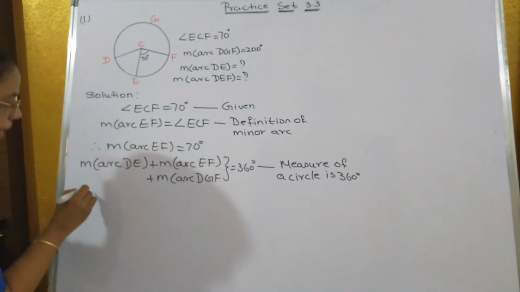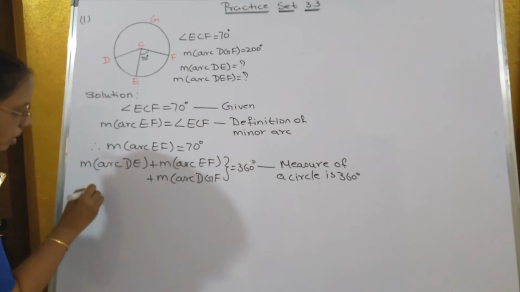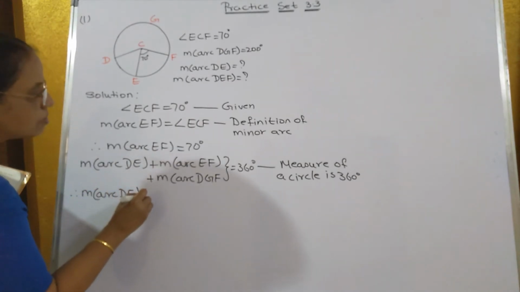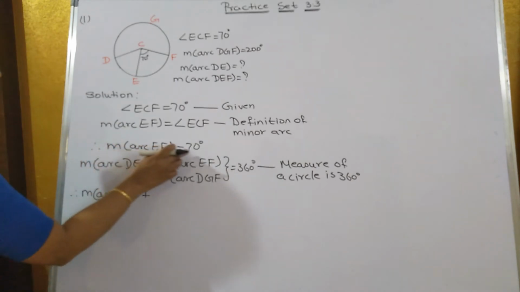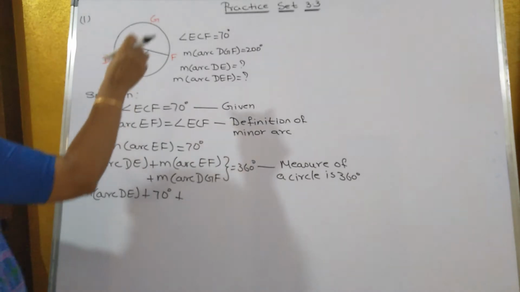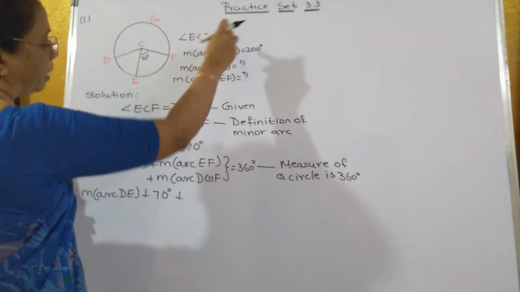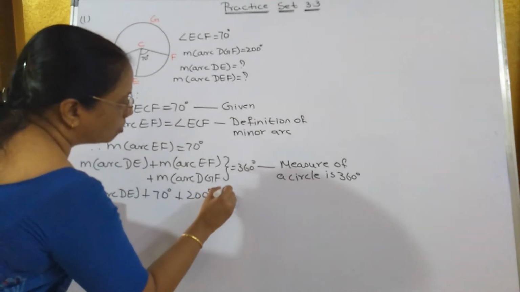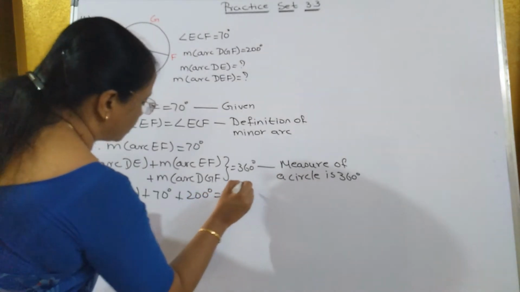Now how much is DE? That we have to find out. Therefore measure arc DE plus measure arc EF, we have got 70 degrees, so plus 70 degrees, and measure arc DGF, it is already given 200 degrees, so plus 200 degrees should be equal to 360 degrees.